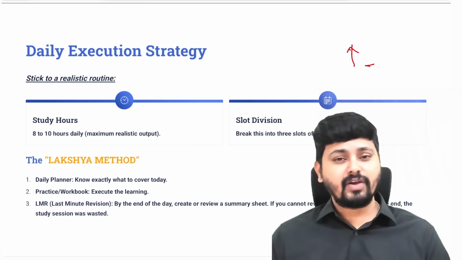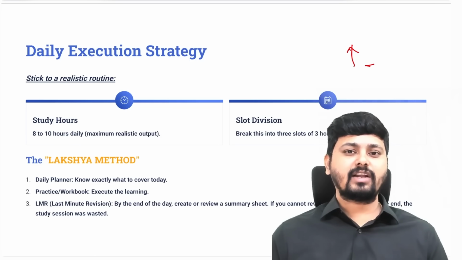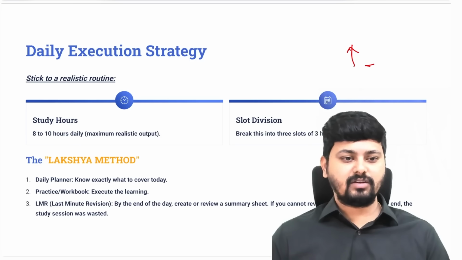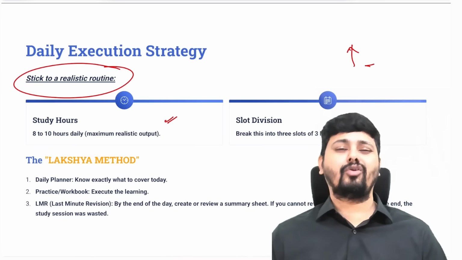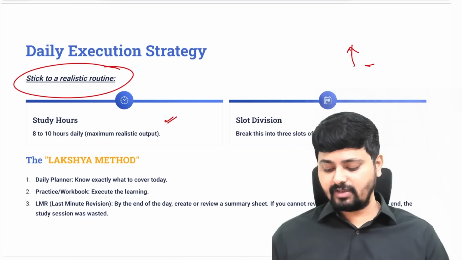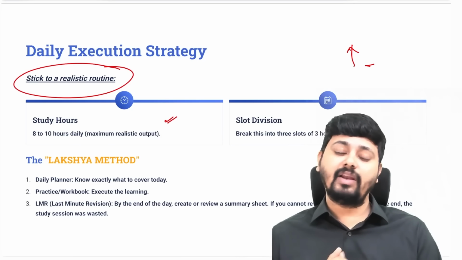Every year, people with average knowledge yet consistent have cleared this examination. So stick to a realistic routine and try to focus on 8 to 10 hours a day, not 14 hours. And next, you have to divide your slots and take a break whenever needed.